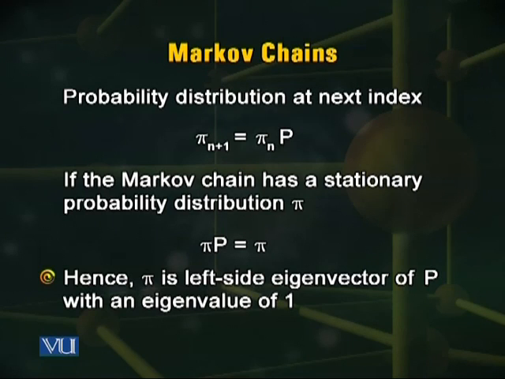In this particular case, that eigenvalue is 1. When you take pi times P, you again get pi. So pi is the eigenvector and 1 is correspondingly the eigenvalue.